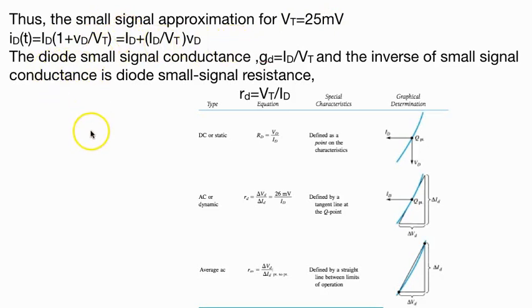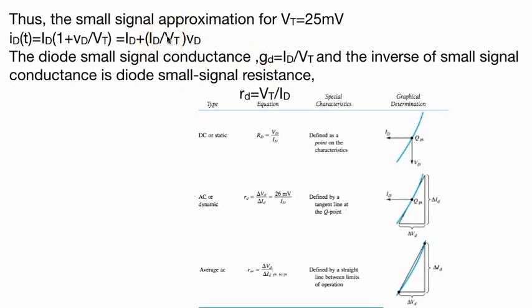Now the diode conductance will be the differentiation of the ID current with respect to the VD voltage. If we consider the differentiation over VD voltage, then it comes out to be ID over VT.